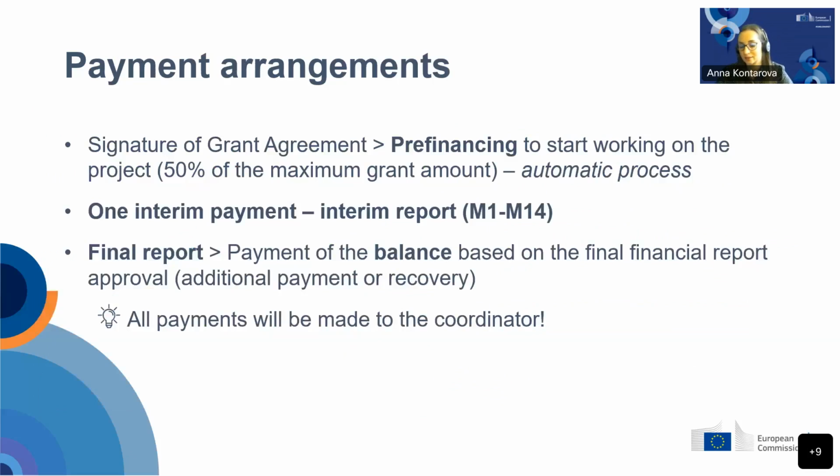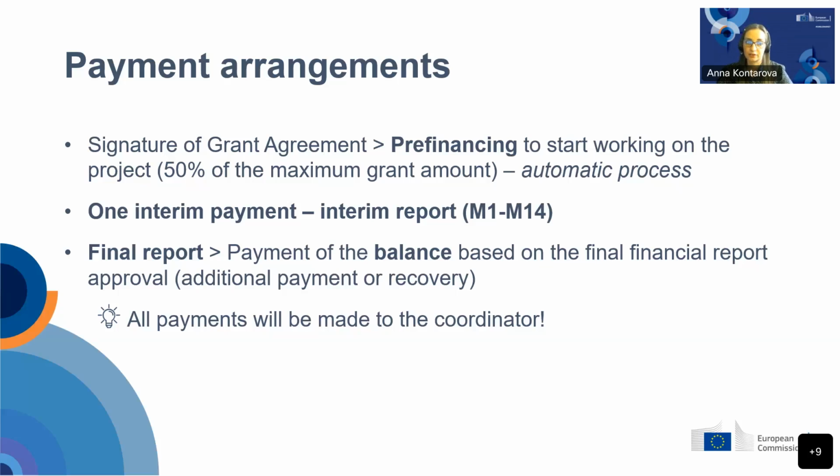Payment arrangements. This has been already explained before, but maybe just to remind you again. So basically, once you will sign a grant agreement, you will receive pre-financing to start working on the project, which is basically automatic. You will not have to submit any request for pre-financing, and it will be 50% of the maximum grant amount which has been calculated.